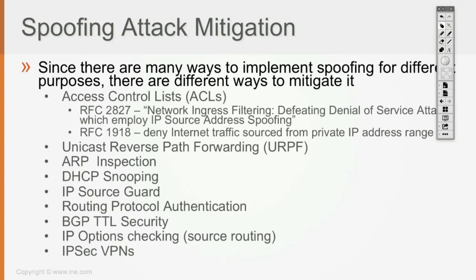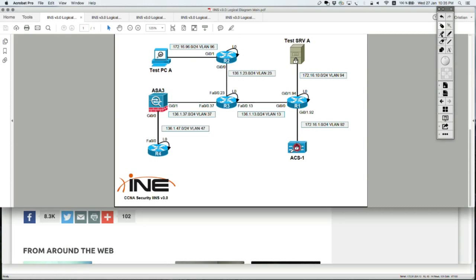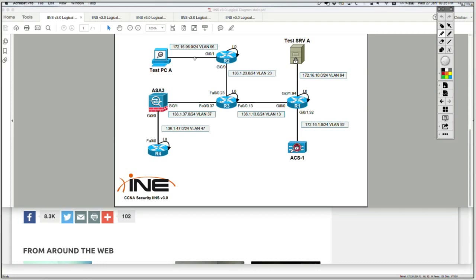Basically, with source routing, the attacker can inject in the IP options header of the IP packet what path the packet should take through the network. So for example, between PC A and the internet, traffic would flow based on network routing, this way via the firewall.